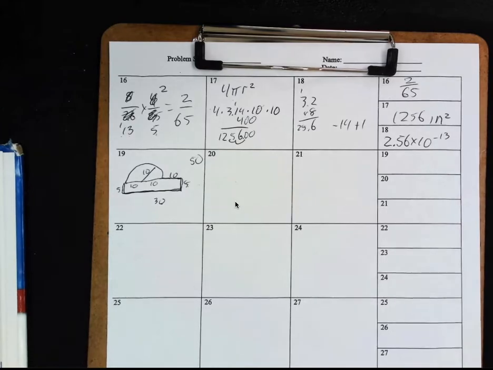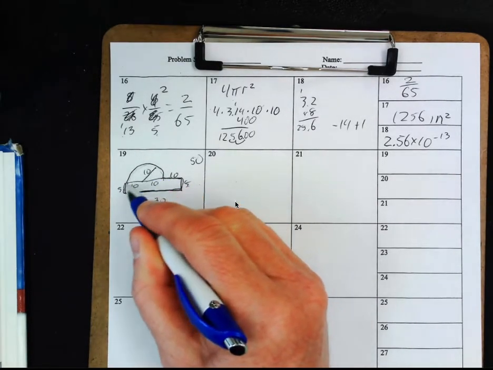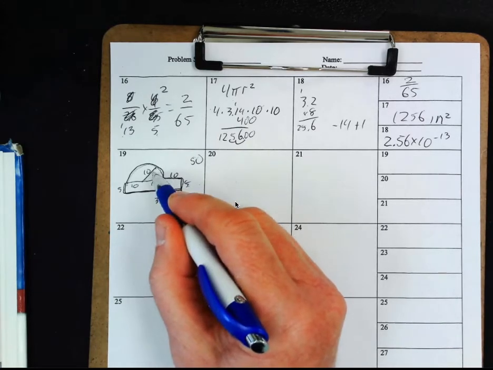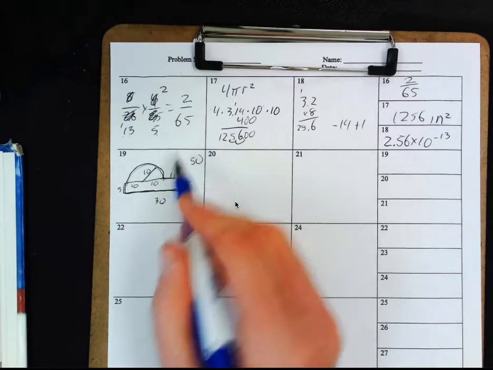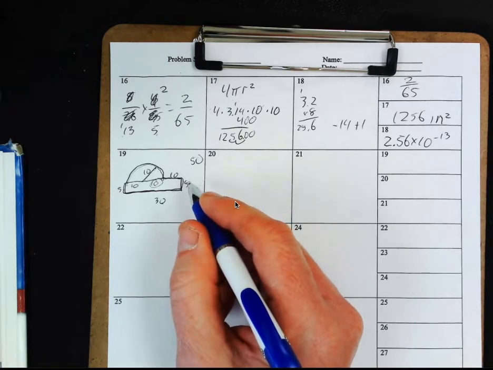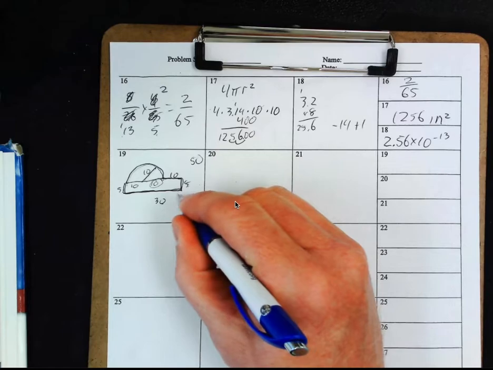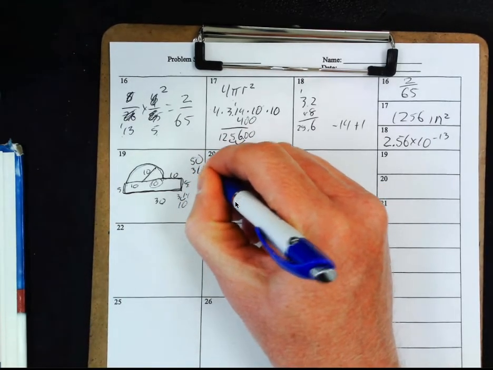Now I have to figure out circumference. Circumference is diameter times pi, but it's cut in half. So guys, I'm just going to take my radius, 10. They told me to use 3.14, so 10 times 3.14 slides that decimal over 1, which would be 31.4.